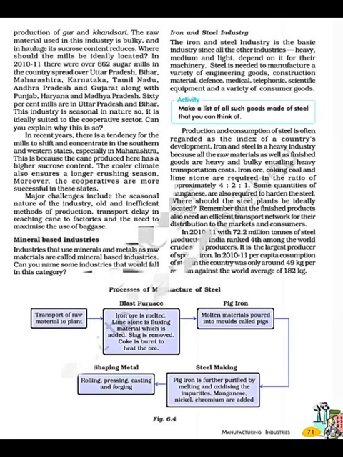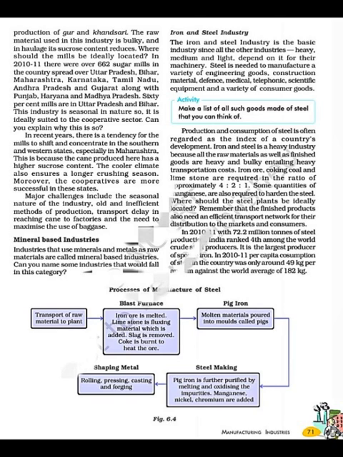I have told you the crop comes only once, so it is seasonal in nature. Throughout the year, that much work is not there. And there are old and inefficient methods of production, so outdated machinery, and at certain times transportation delays. And there is the need to maximize the use of bagasse.